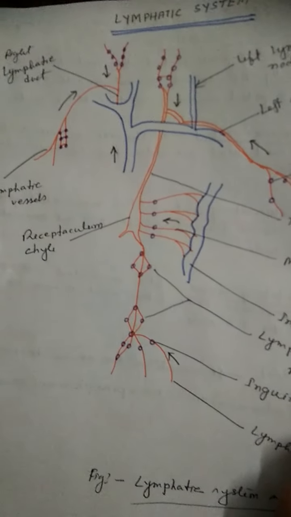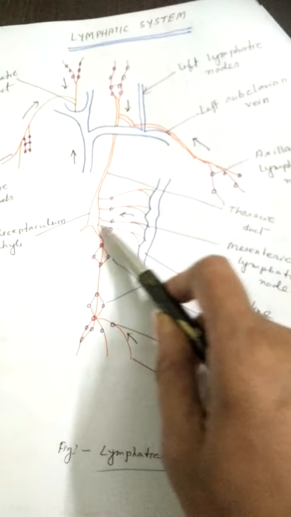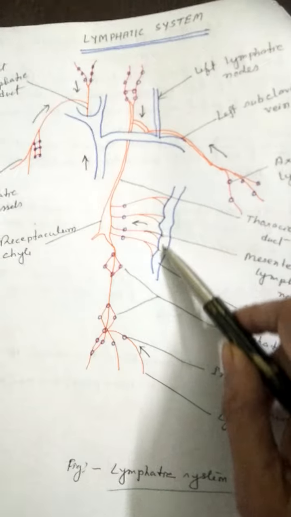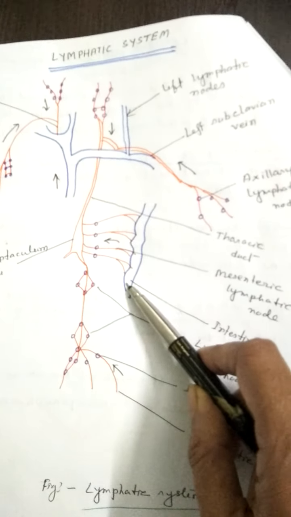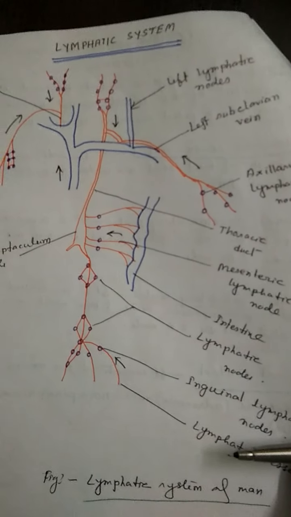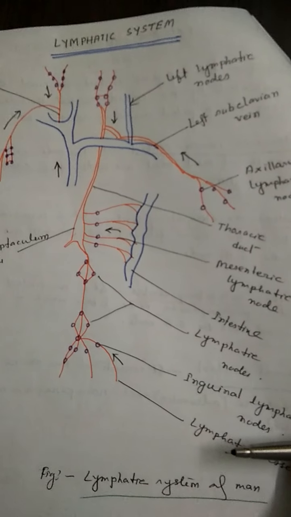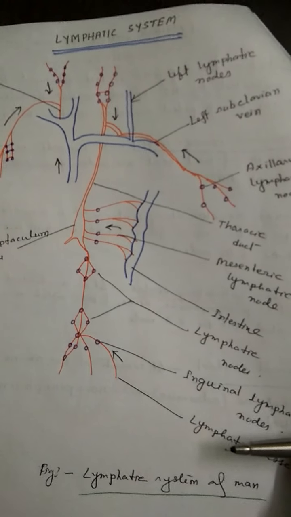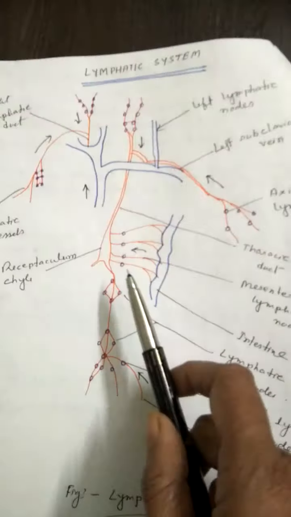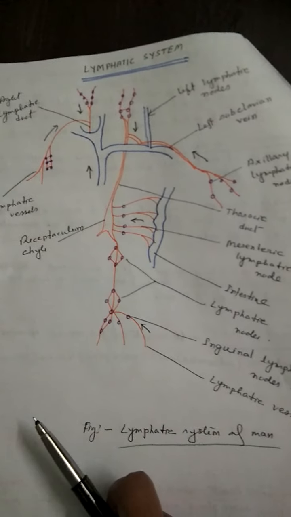Now next one is the thoracic duct. This is the thoracic duct that carries lymph from this part, the thoracic part, and it collects the lymph from the alimentary canal by the lacteals and first joins to form a receptaculum chyli. Okay, receptaculum chyli.